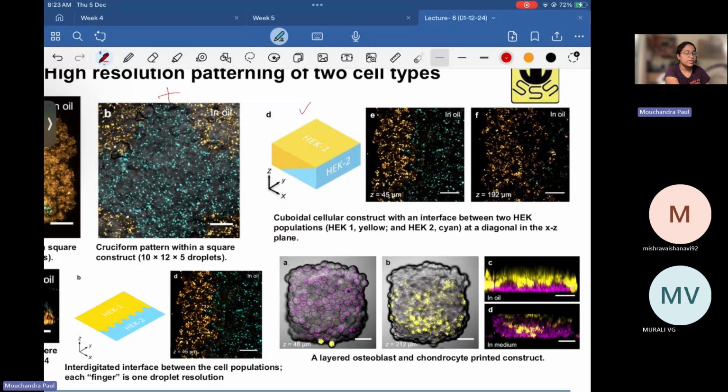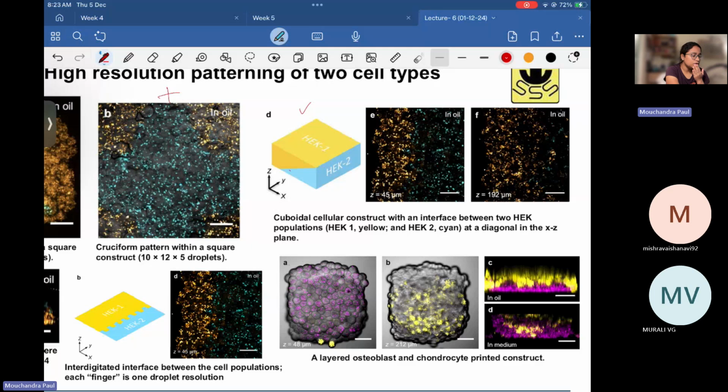And when they imaged it in confocal microscopy and observed the different sections of the construct, you can see the interface very nicely. So this is at the lower one, Z equals 45 micron.